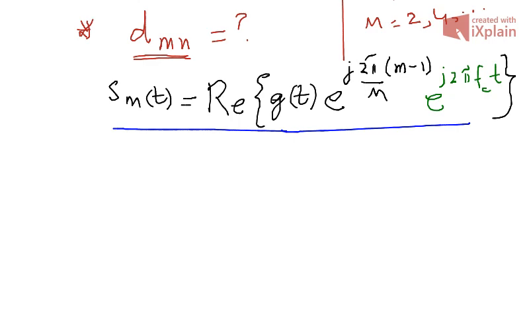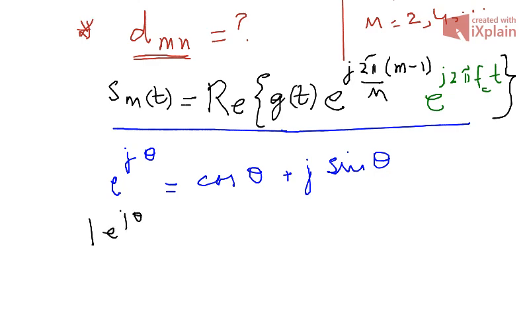So before going to more derivations, let me recall the Euler identity, and you are familiar with this identity, that it can be represented this way. Now if you want to find out the magnitude of this Euler term, it is unity, right? It is 1, and the phase of this is theta.